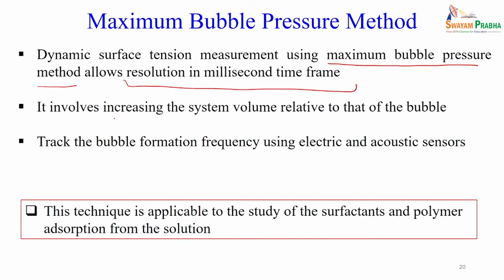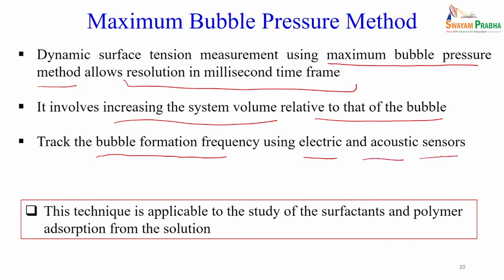If you add bubbles, there will be an increase in the system volume relative to that of the bubble. If you want to track the bubble formation frequency, we have to use some electrical or acoustic sensors. Once the bubble formation is known, you can see the maximum pressure required to form the bubble, as well as the size or radius of the bubble.